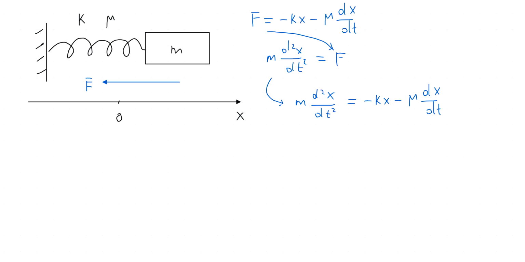This equation may be easily transformed into a more useful form. So it will look like this: d²x by dt² plus mu divided by m, dx by dt, plus k divided by m, x, and it is equal to 0.